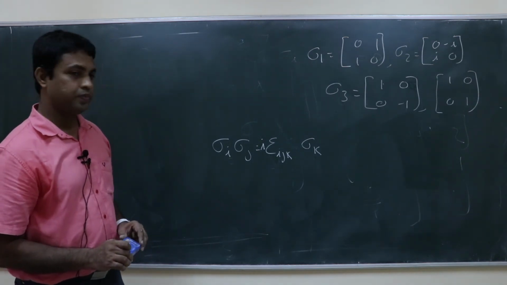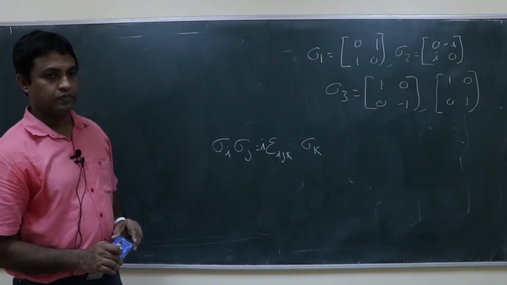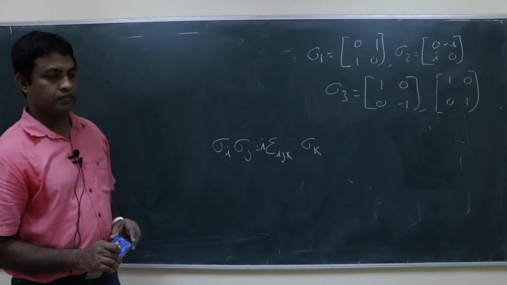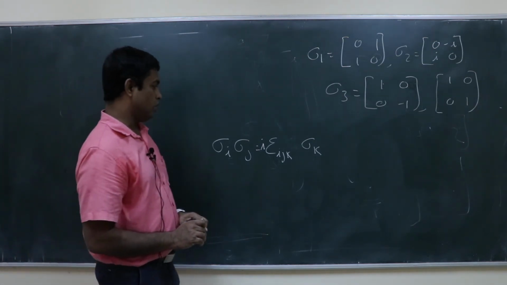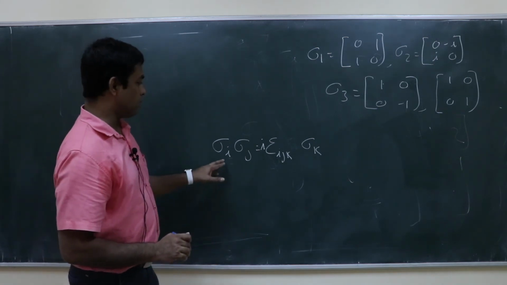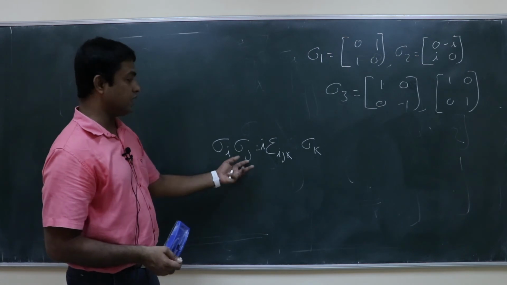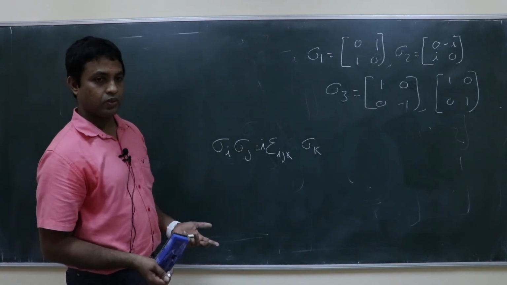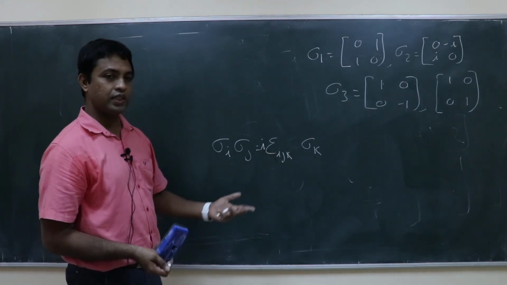Can anybody point out? Plus delta ij. Yes, you have to tell me the reason, because i and j can also be 1 and 1, right? If i is 1 and j is 1, according to this equation it is 0.